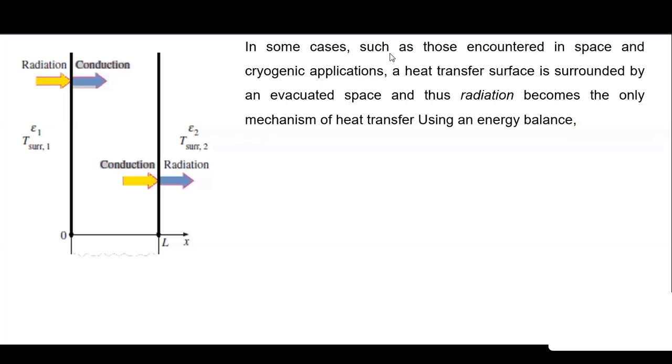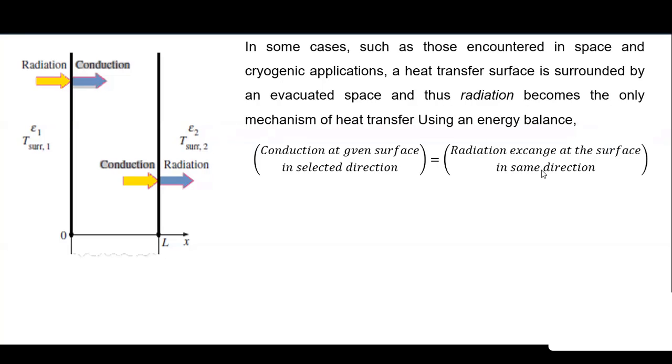In some cases, such as those encountered in space where convection is not there because of the absence of any fluid, and in cryogenic applications, the heat transfer surface is surrounded by evacuated space, and thus radiation becomes the only mechanism of heat transfer. Now we can use the energy balance like the previous boundary condition, that is, the convective boundary condition.